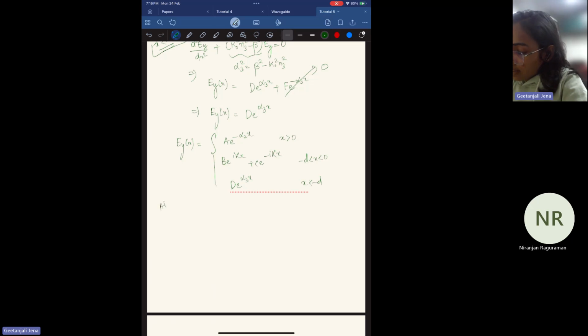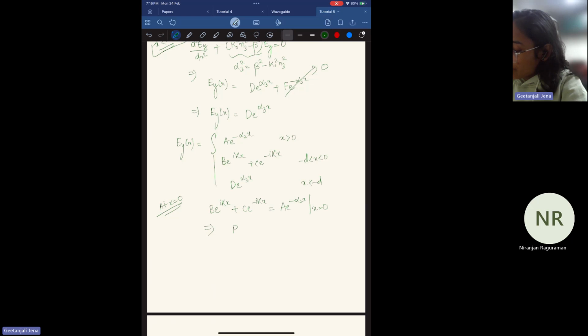So at x equal to 0, the field values and the derivative should be continuous. Ey(x) on the left hand side is b e to the power i kappa x plus c e to the power minus i kappa x, equal to a e to the power minus alpha 2 x, at x equal to 0.